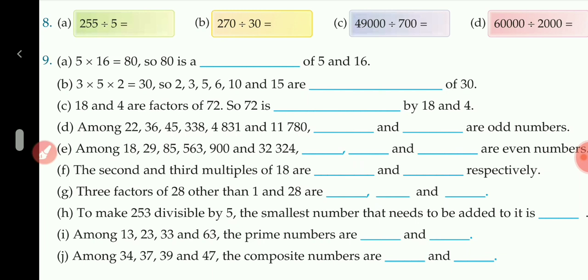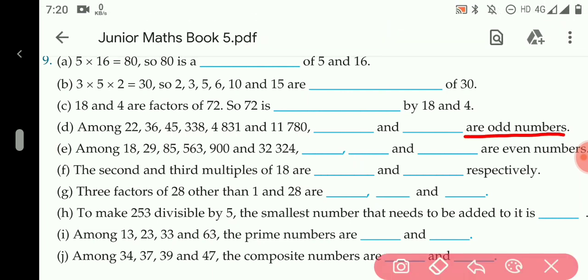In D part, among 22, 36, 45, 338, 4831 and 11,780, dash and dash are the odd numbers. First you have to understand what are the odd numbers. Odd numbers are the numbers which are not divisible by the table of 2. So find out these numbers and write it by yourself.